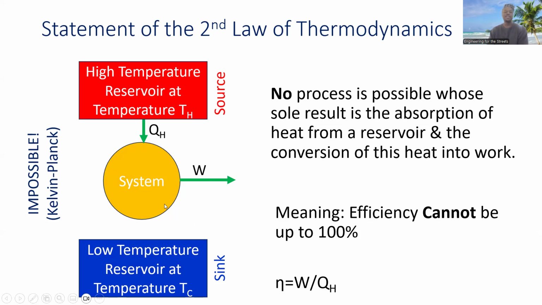So we cannot have this kind of process in the real world. We cannot have a heat engine that converts all the heat it receives into work. A residual heat must be discharged to the low temperature environment, to the sink.